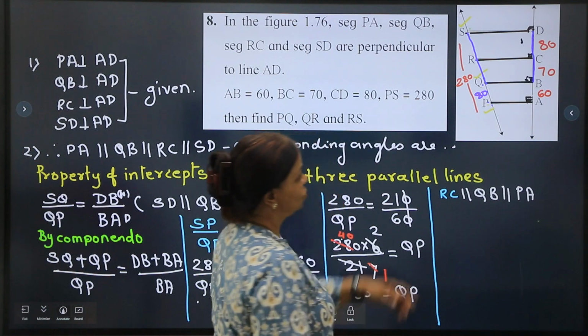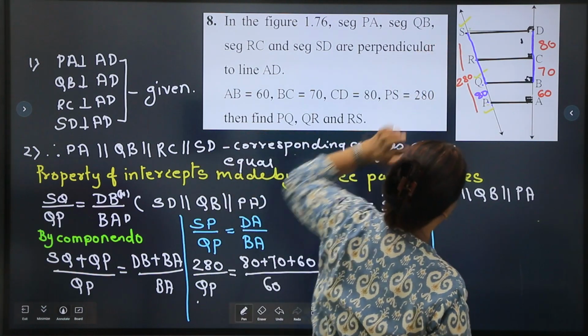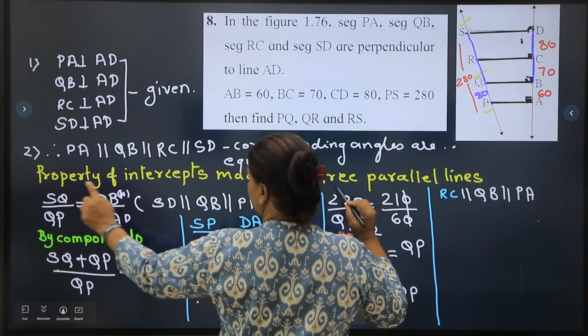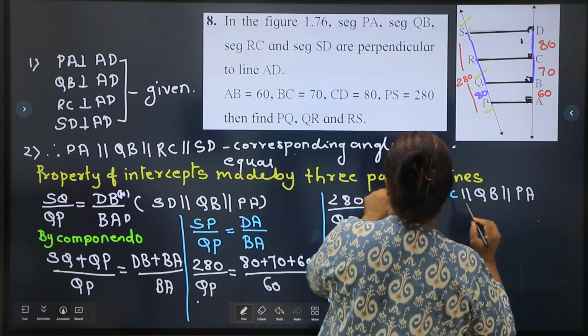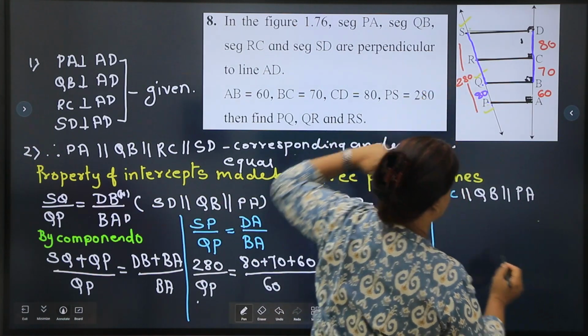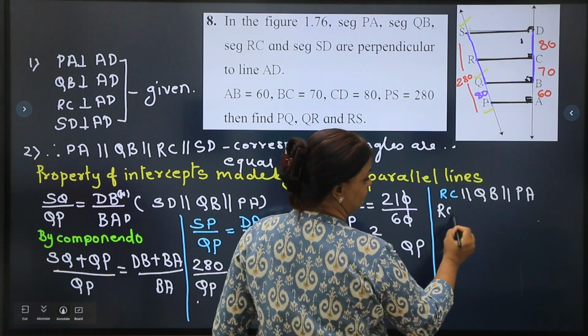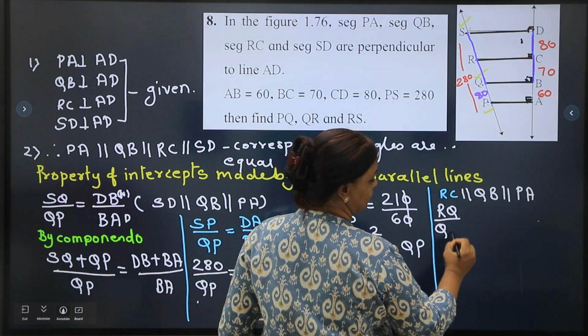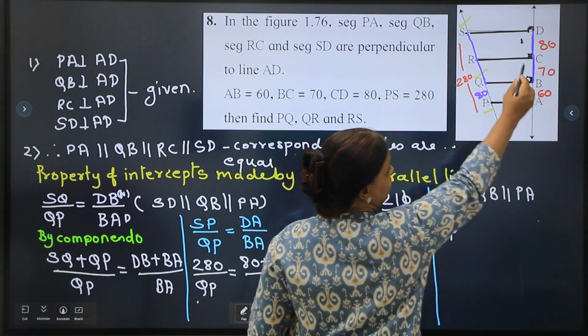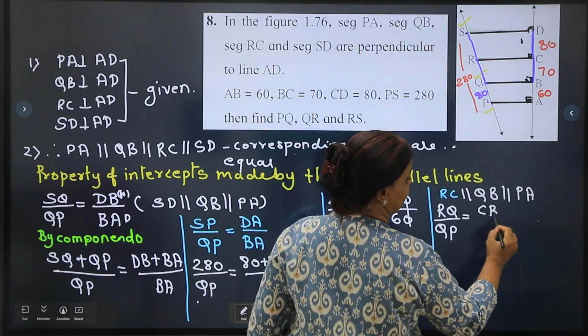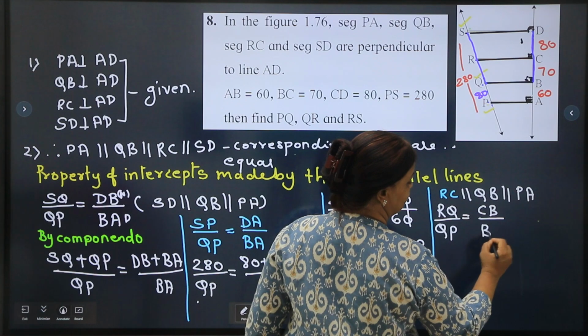Clear? So we can take RQ upon QP. Again we will use the property of the intercept made by the three parallel lines, 1, 2, 3. So we will be getting RQ upon QP is equal to CB upon BA.